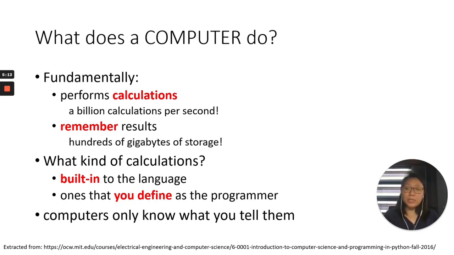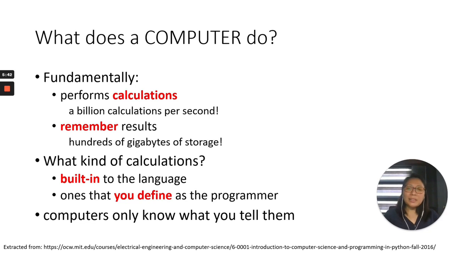It can remember results. The computer does this by storing data in the memory, and the kind of calculations that the computer can do are built into the language, and it can also do calculations that you define as a programmer.